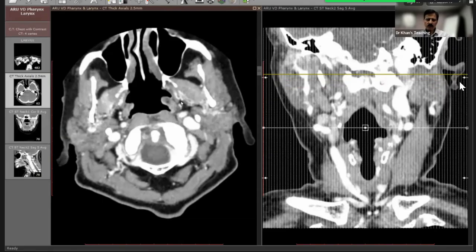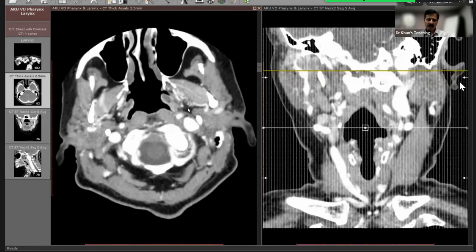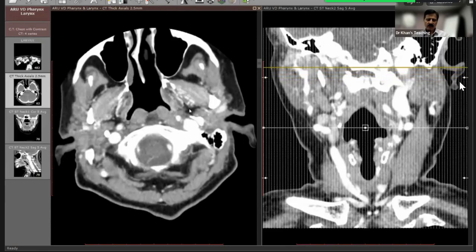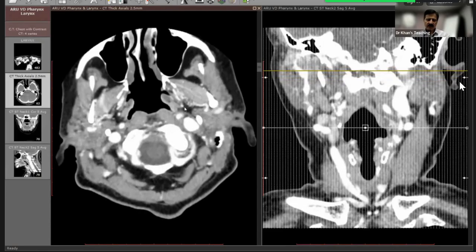You can see my mouse? Yes, Dr. Khan. Okay, so if you see here, this is that fat which we were talking about. This is the parapharyngeal fat, parapharyngeal space and the fat.